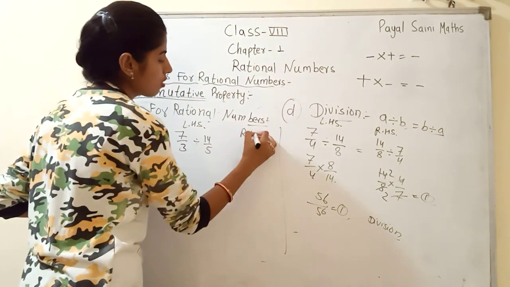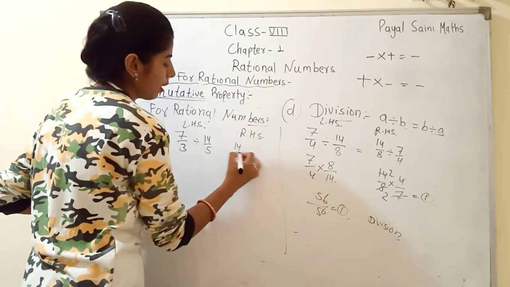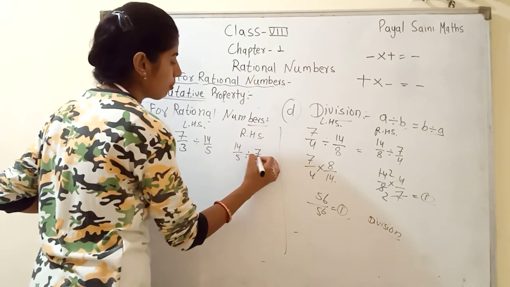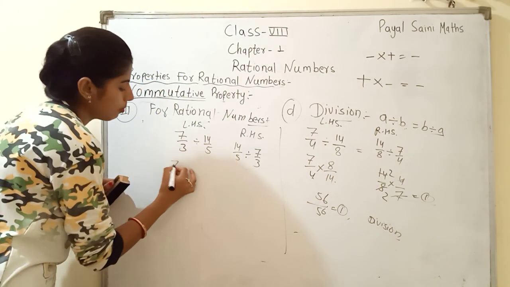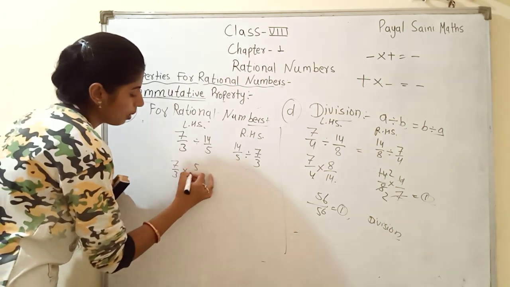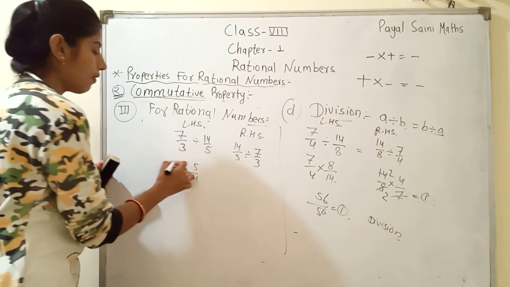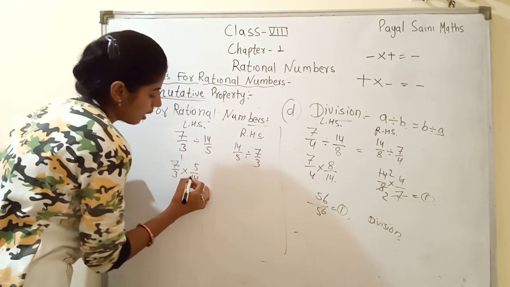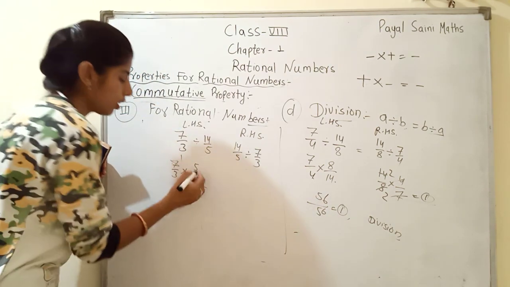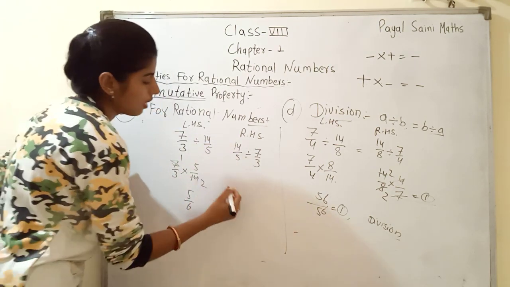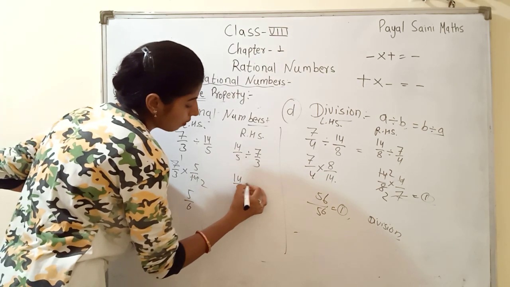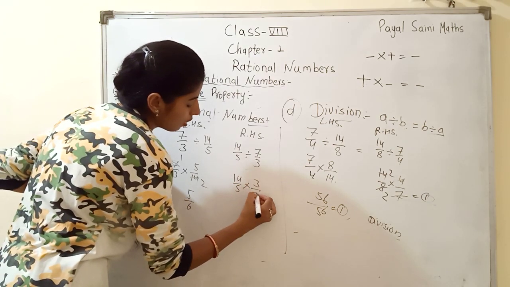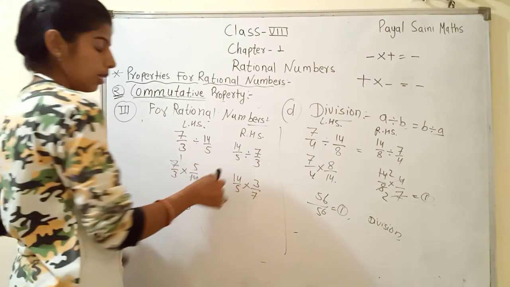The right hand side is 14 by 5 divided by 7 by 3. Then 7 by 3 reciprocal, then 5 by 14. 7 ones are 7, 7 twos are 14, then 5 by 6. And this side is 14 by 5 into 3 by 7.